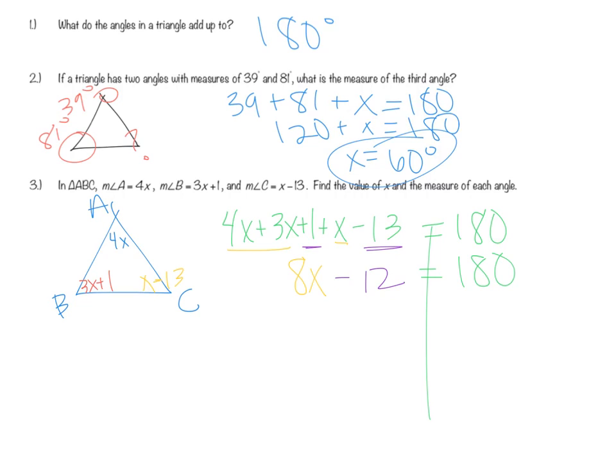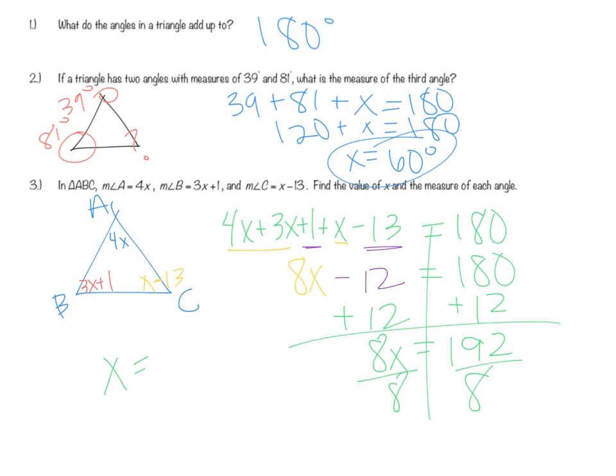So to solve for x, add 12 to both sides. So 8x equals 192. Divide by 8, and x equals 24. So that's the first part of the question. The next part of the question says the measure of each angle. So for angle A, it is 4 times 24. 4 times 24 is 96 degrees.